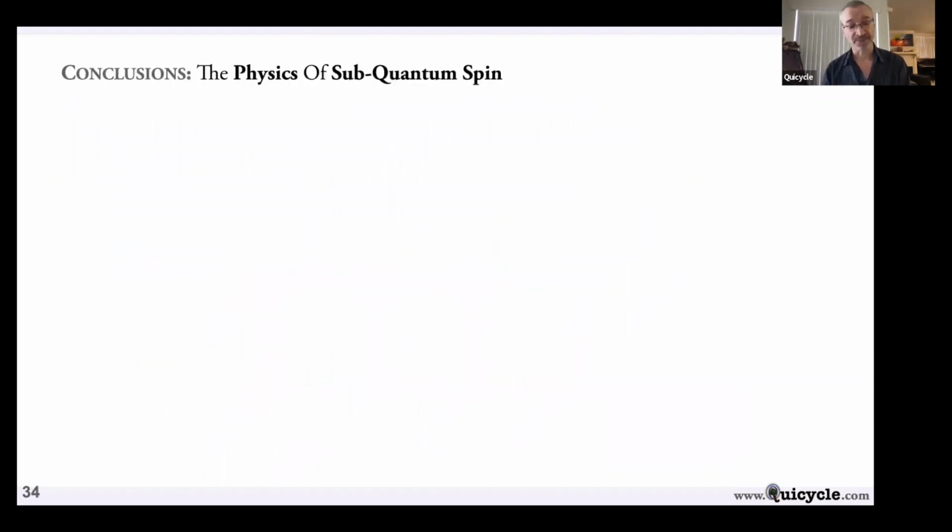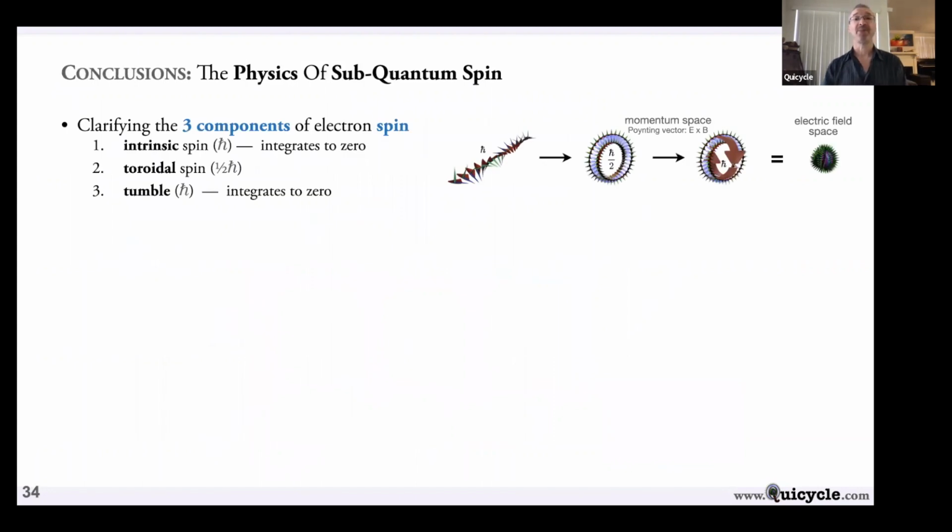So in conclusion, we are proposing here that the three components of the electron's subquantum spin are the intrinsic spin of its circularly polarized photon, the toroidal double loop rotation yielding the half h-bar, and the tumble, where the tumble and the intrinsic spin are both doing 360 degrees per wavelength. So they're both integrating to zero on average, which is what leaves us with the half integral spin.